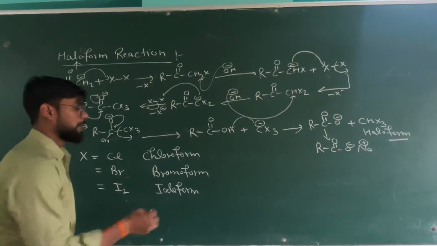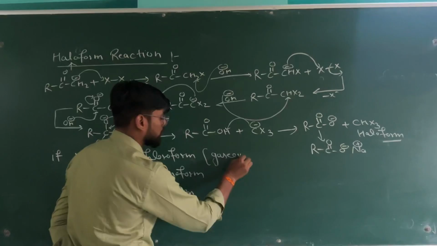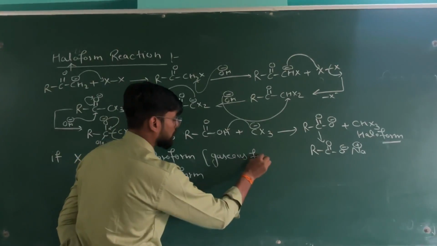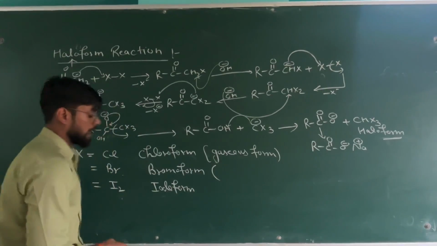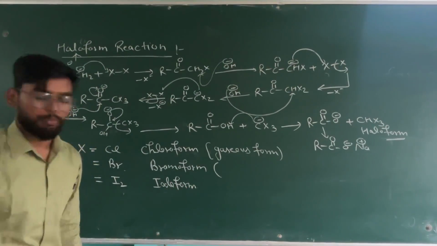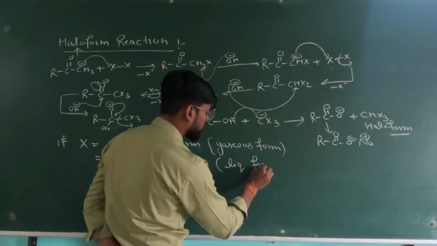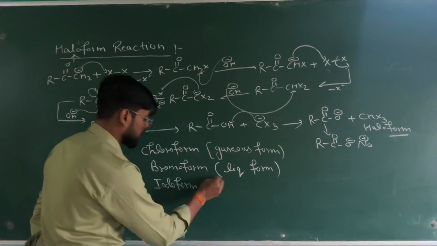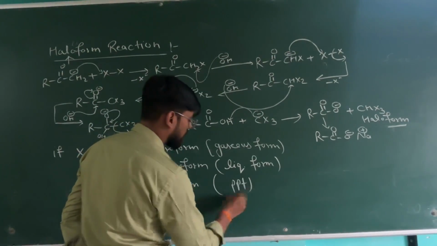Chloroform exists in gaseous form, bromoform exists in liquid form, and iodoform exists as a precipitate, a white precipitate.